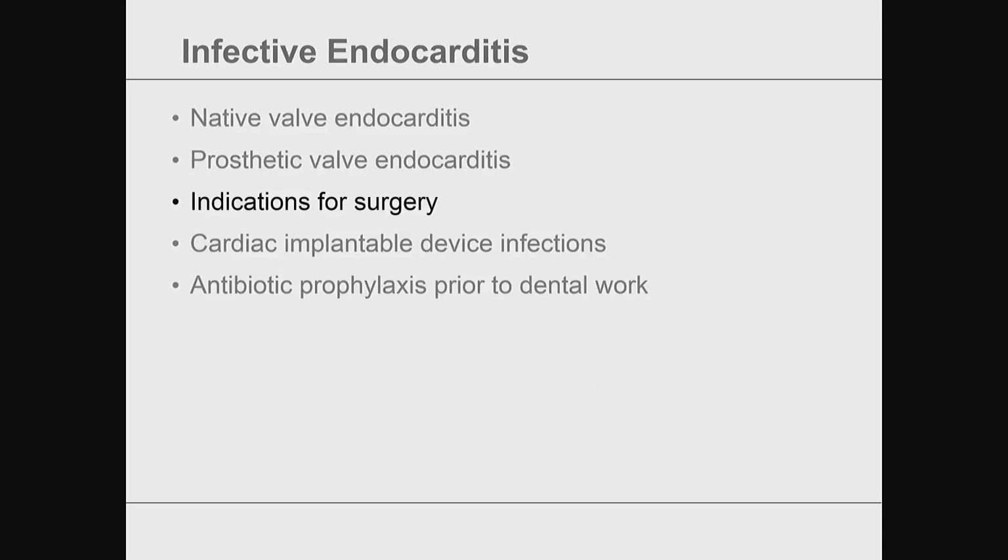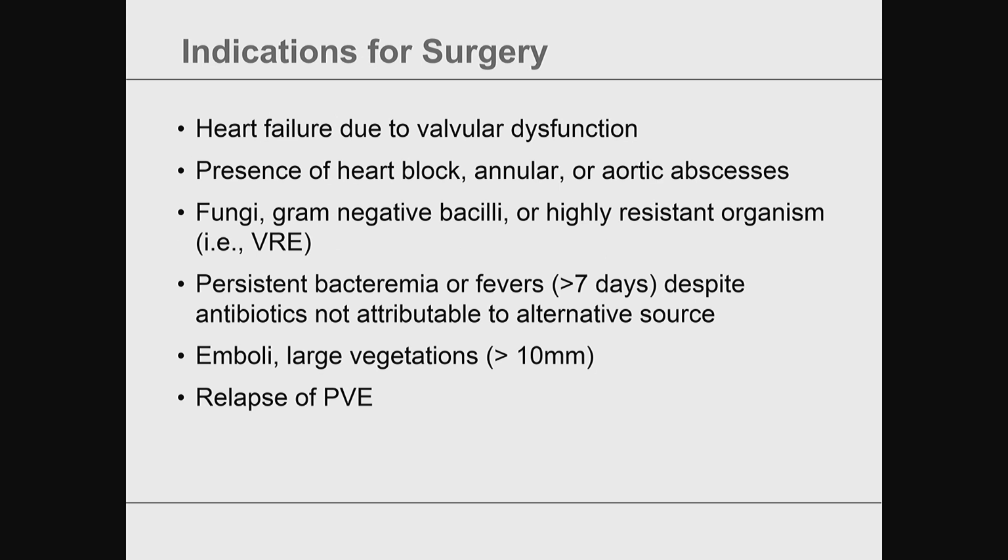Now I'd like to go on to talk about the indications for surgical management of endocarditis. So the indications for surgery include heart failure due to valvular dysfunction, the presence of heart block, or annular or aortic abscesses. If the organism causing endocarditis is a fungus, gram-negative rods, or a highly resistant organism, such as vancomycin-resistant enterococcus, or a multi-drug resistant gram-negative rod.